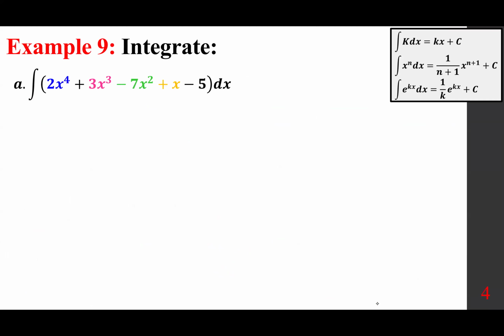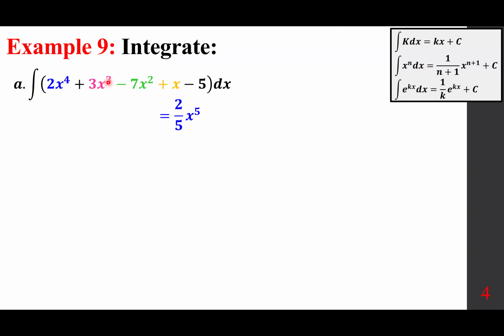All right, we're going to continue looking at more examples to take care of business. Again, we integrate, just as we do differentiation, term by term. So for 2x to the power of 4, you add 1 to 4 and it becomes 5. This is the power rule, everybody. You get 2 over 5 x to the power of 5.